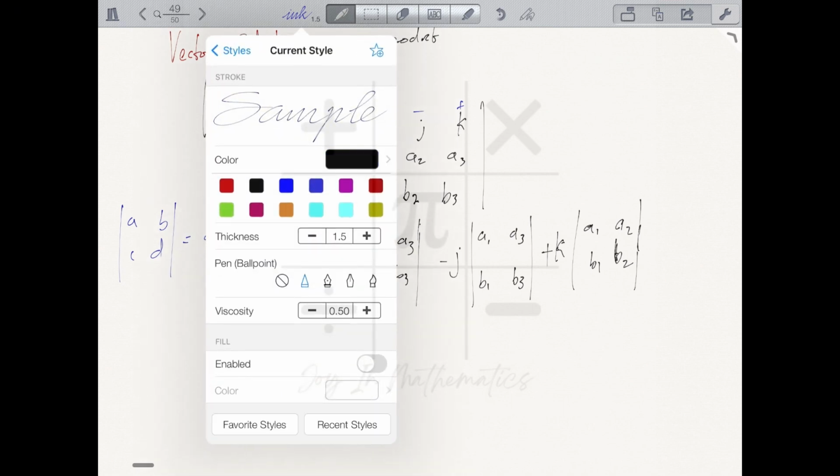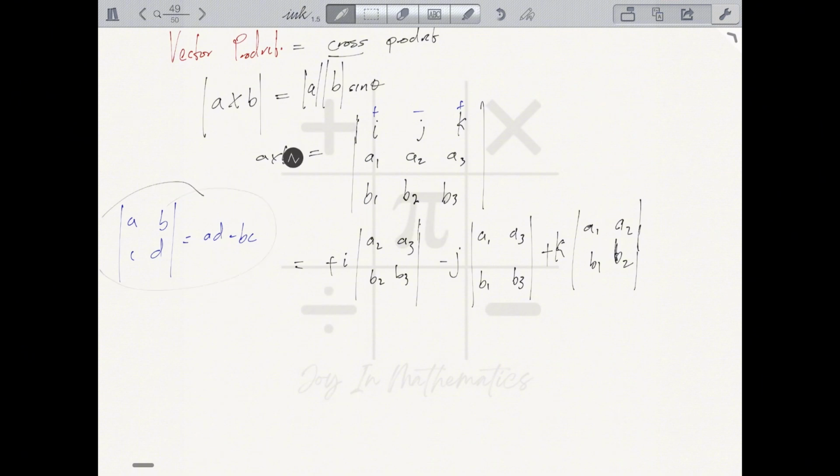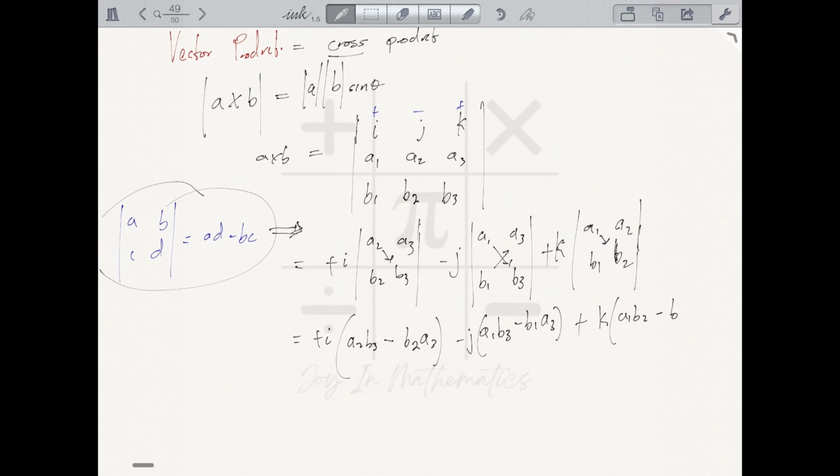Applying this principle, we have positive i, leading diagonal A2 B3 minus the following diagonal B2 A3, minus j, leading diagonal A1 B3 minus B1 A3, plus k, leading diagonal A1 B2 minus B1 A2. So this is the expression for A cross B.